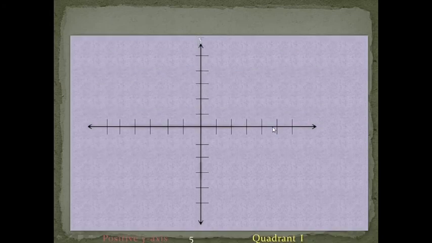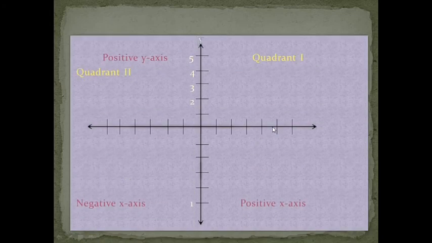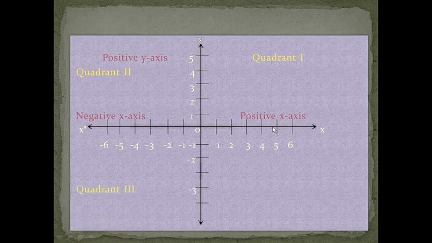Now we have noticed that by combining these two lines, the plane has been divided into 4 parts. That is part 1, part 2, part 3 and part 4.